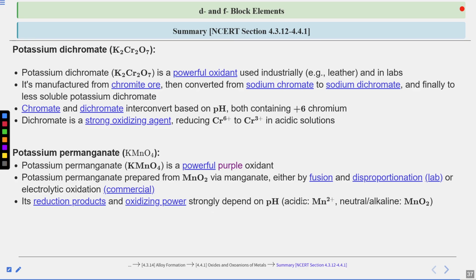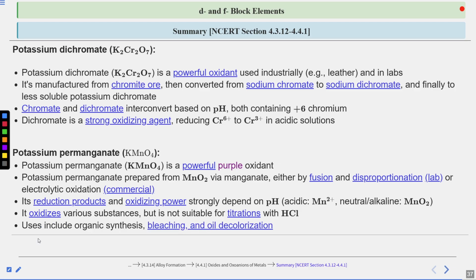If acidic, it gives us Mn²⁺. If the solution is neutral or alkaline, it gives us MnO2. It oxidizes various substances, but it is not suitable for titration with HCl because it will oxidize that also. Its uses include organic synthesis, bleaching, and oil decolorization.